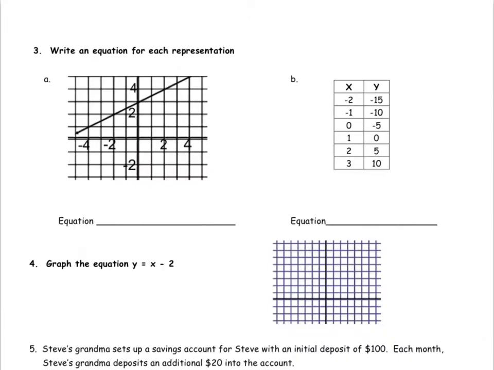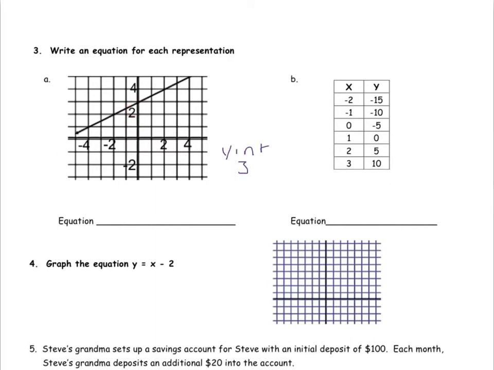Alright, for 3a, many of you thought that this 2 was the point where it crossed. So I'm going to talk about the correct answer, and then what I also accepted. Here, it crosses at 3. 1, 2, 3. So that's my y-intercept. My y-intercept is 3.